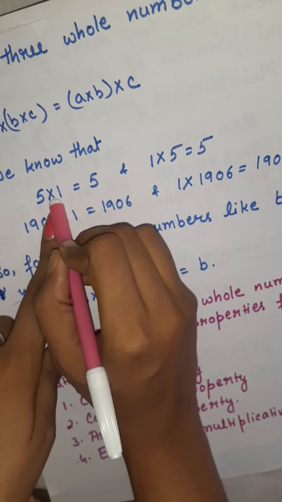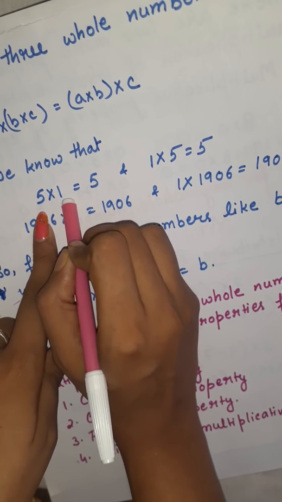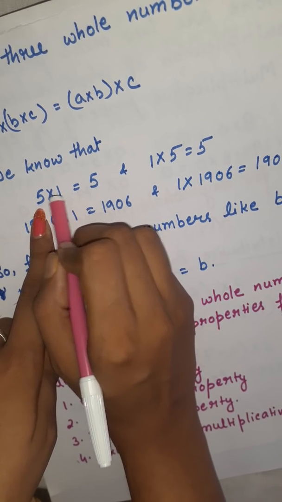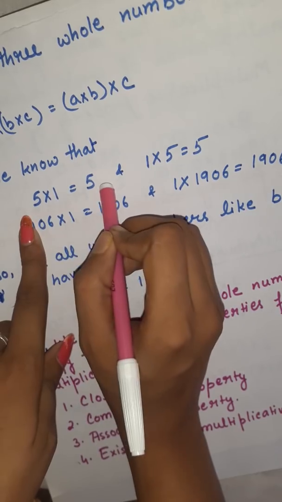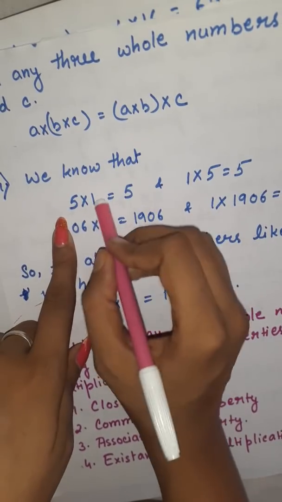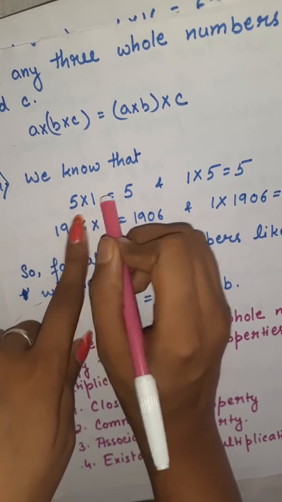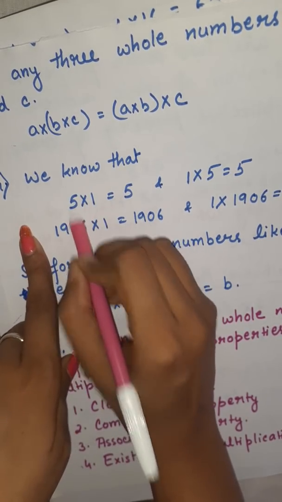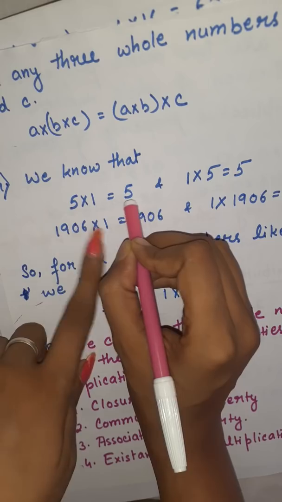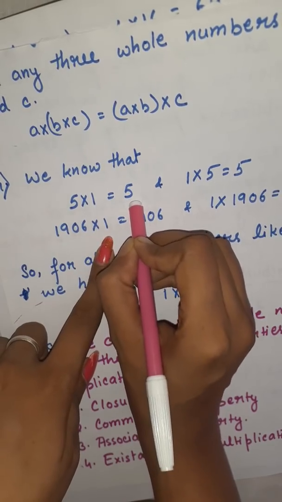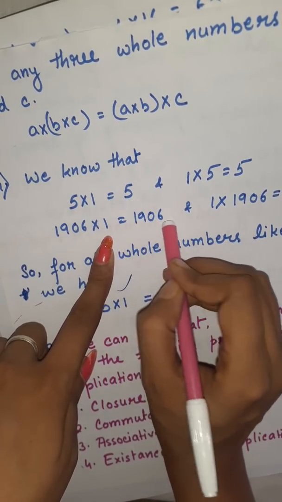So for multiplication, the identity should be a number which you multiply with any other number, and you will get the same number. So there is a number 1. If you multiply 1 with any other whole number like 5 or 1906, you will get the same number as the result, that is 5 or 1906.